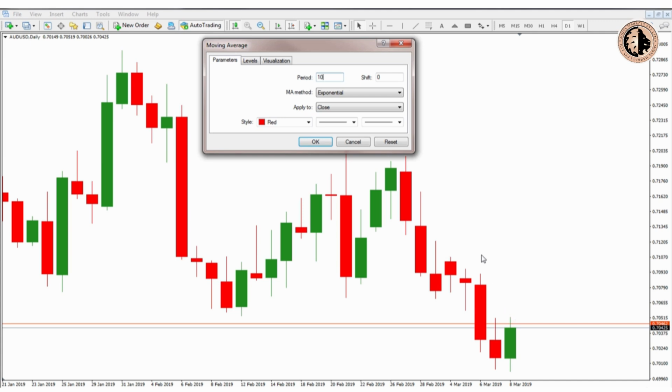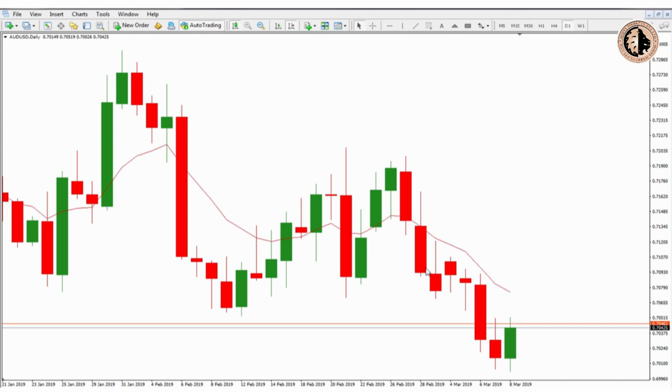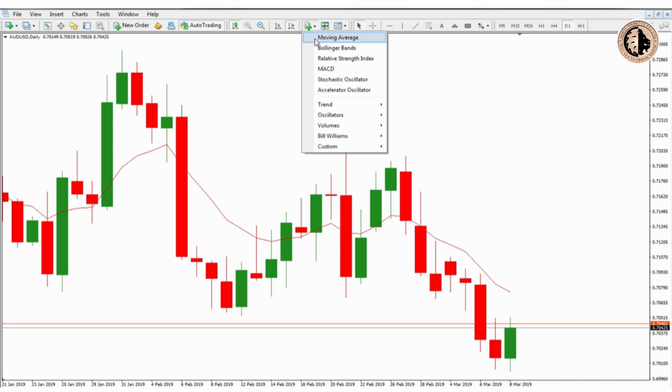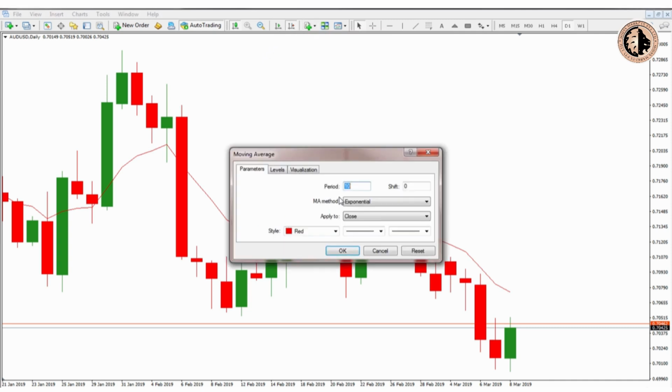When I press the OK button, the moving average line appears. This line is created by connecting dots that represent the average value of the last 10 candlesticks. If I enter 100 in the period field, the indicator will take into account the values of the last 100 candles and calculate the average value.